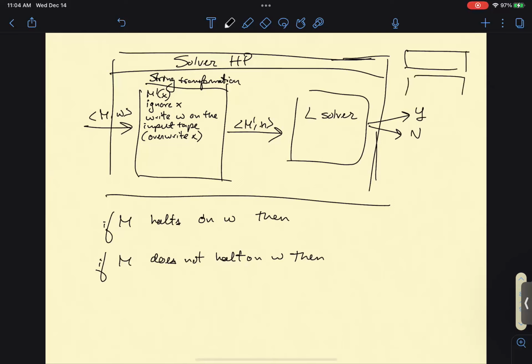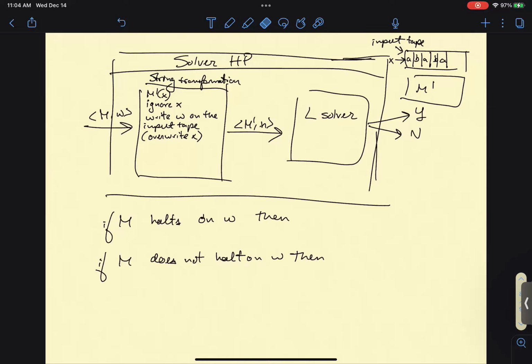M prime is a Turing machine, and this is the input tape. Suppose it has some symbols for X. This is what X is, and now it's on the input tape.